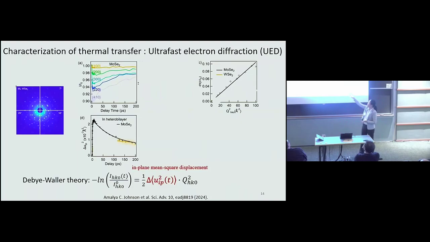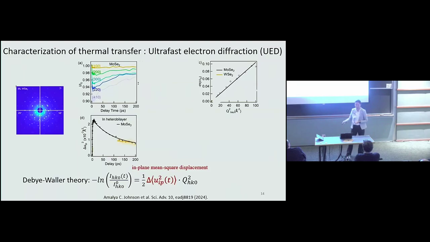At time zero, when we photo-excite the system, the layer will heat up, and because of the Debye-Waller effect, the intensity goes down. We can also do a linear fitting and extract the in-plane mean square displacement value, which is related to the temperature, or how much we are heating each layer.